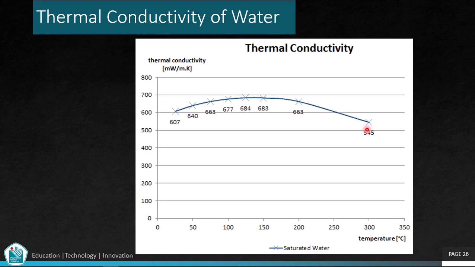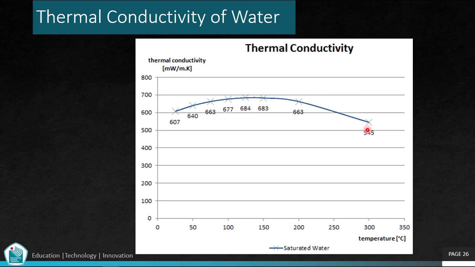Remember, the saturation point at 1 atmosphere is 100 degrees C. It means at 100 degrees C, the water is between liquid and vapor or gas. If there is more energy, the water will become a gas.